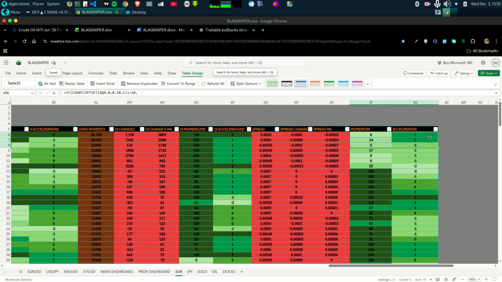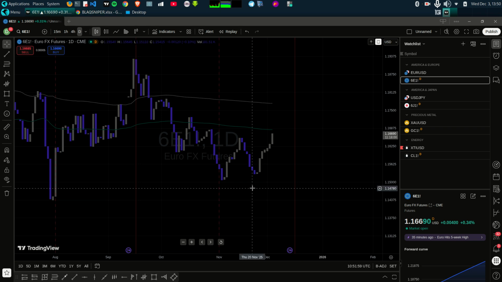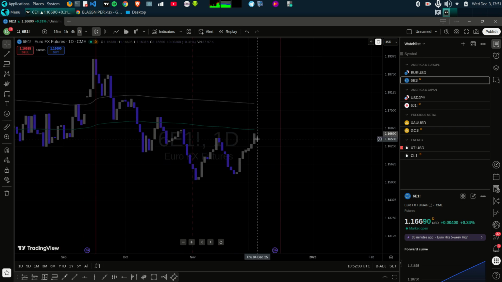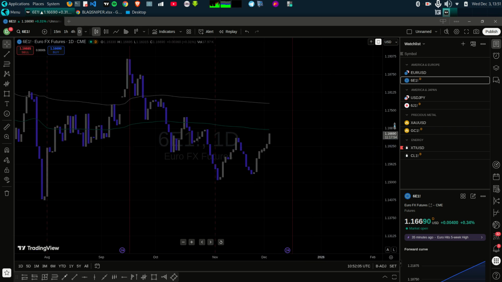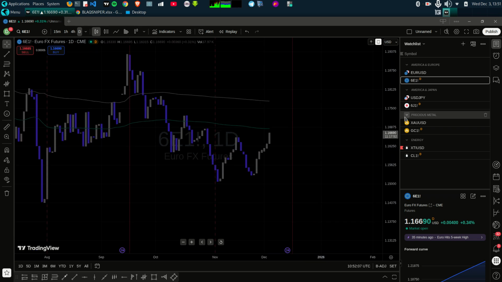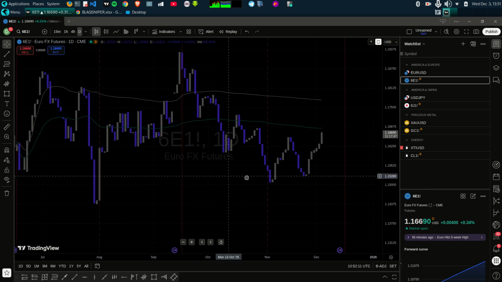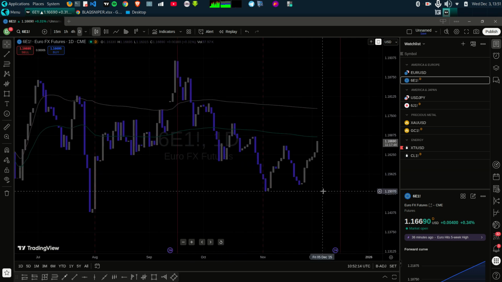So right now, the cleaner side of Euro USD at the moment, although we have a moving swing, the possibility of the clean and clear direction of this market would be this way.